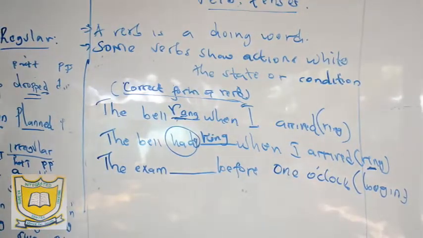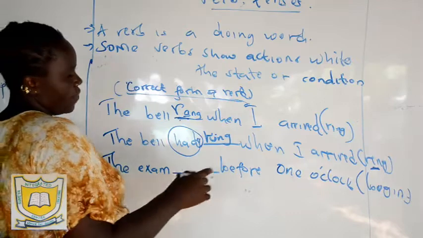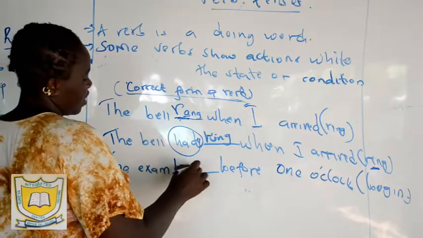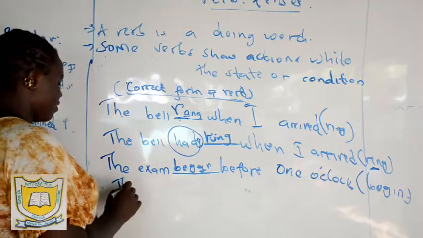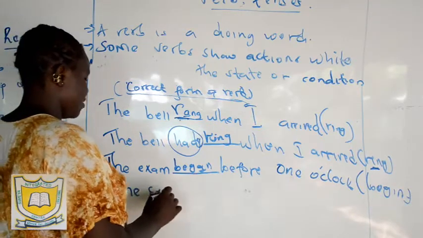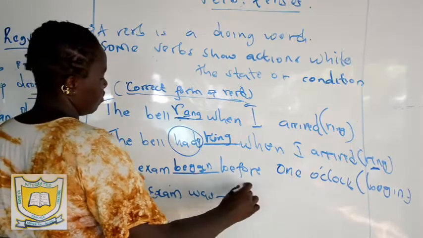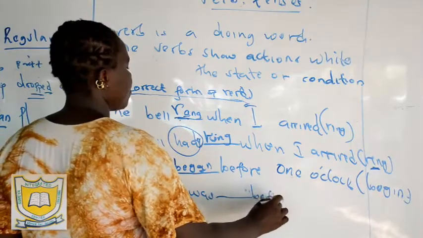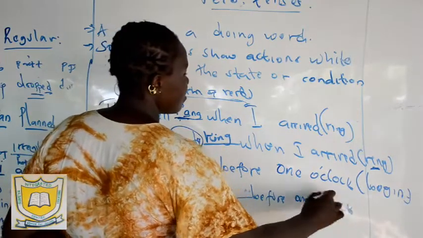So you say, the exam dash before 1 o'clock, and you go for begin: The exam began before 1 o'clock. But if you say, for example, the exam was dash before 1 o'clock, the word in brackets is still begin.